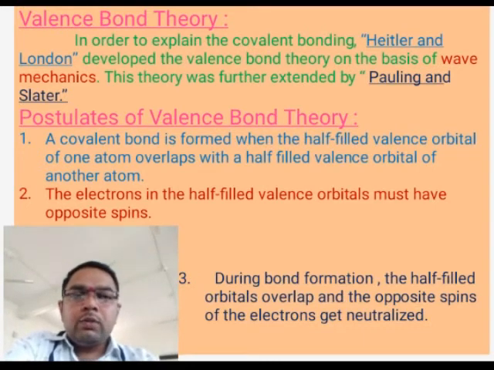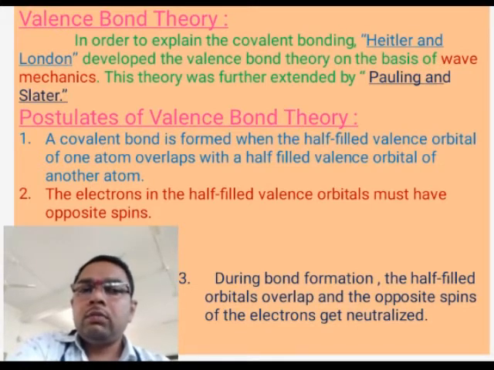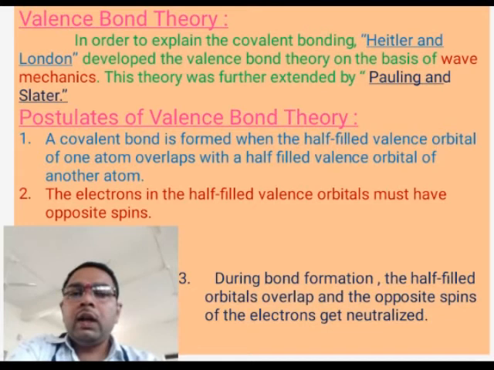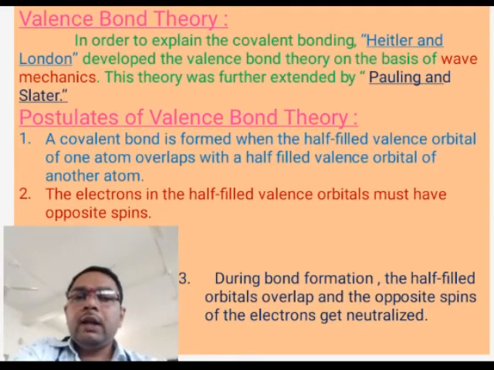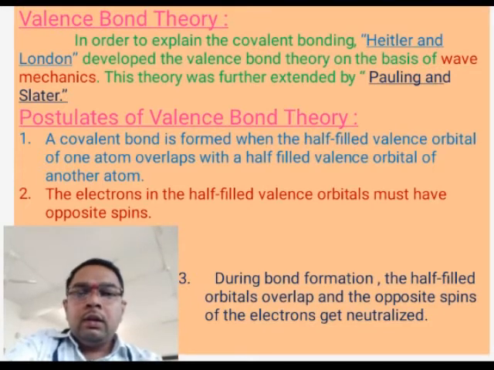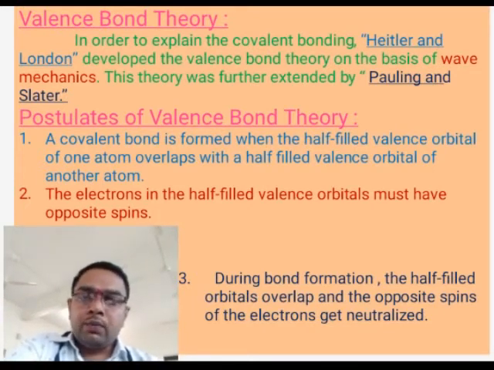The postulates of the valence bond theory. The covalent bond is formed when a half-filled valence orbital of one atom overlaps with a half-filled valence orbital of another atom. This means each orbital contains an unpaired electron.